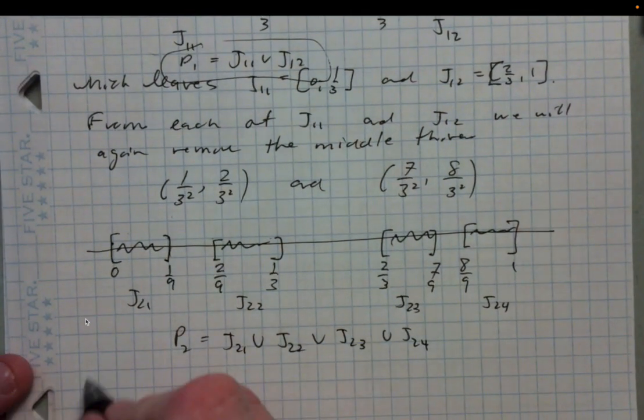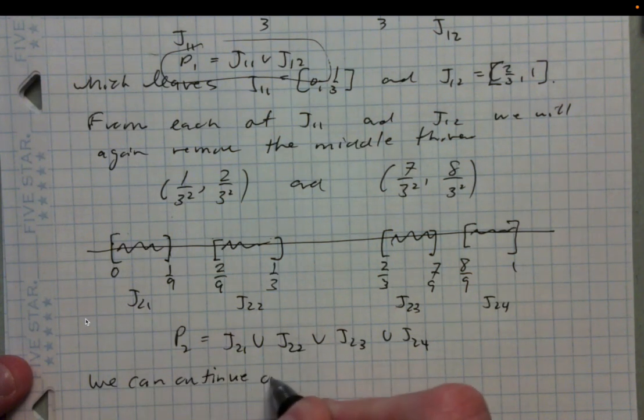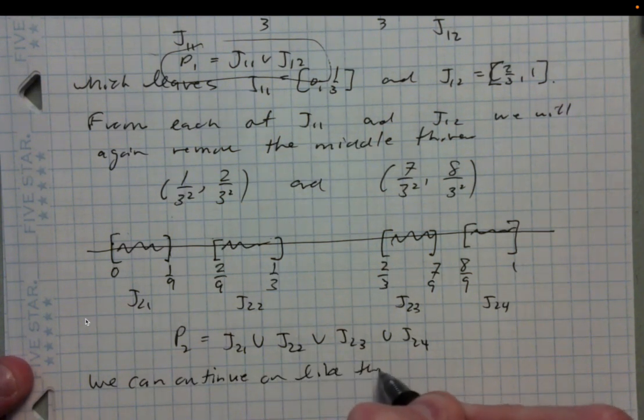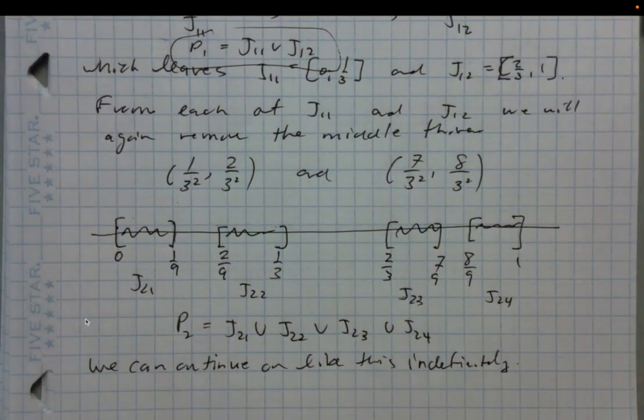Right, and so what I would say is we can continue on like this indefinitely. The numbers get a little difficult, the intervals get a little bit hard to represent, but we can continue this process indefinitely, such that at the nth step, the union of subsets has a particular form.